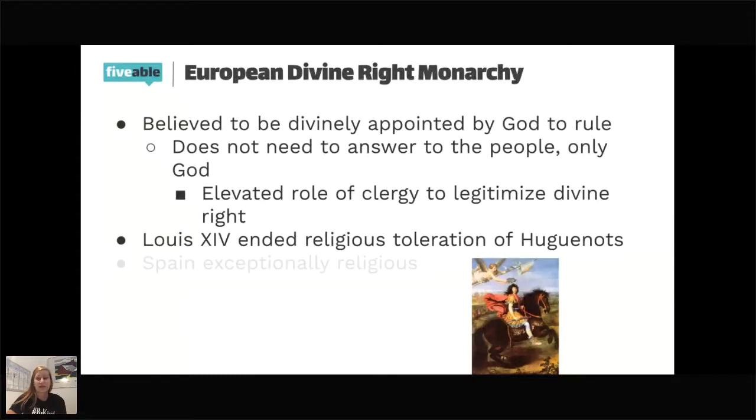Spain as well is, I would argue, exceptionally religious. 1492 is a big year for Spain. Not only did they become patrons of Christopher Columbus's overseas explorations, but they're also launching this Reconquista, or the reconquering of the Iberian Peninsula, which is where Spain sits.